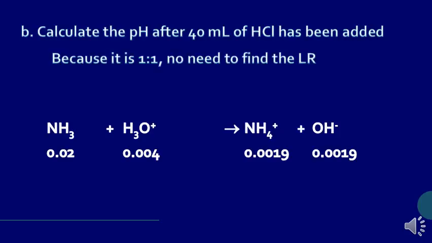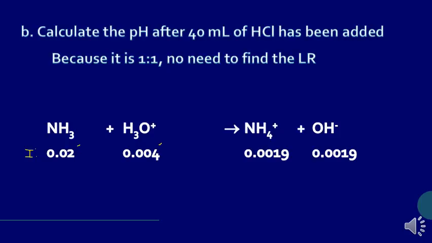At this point, we would usually find a limiting reactant, but because it's one-to-one, we can figure out who the limiting reactant is just by visually inspecting everything. If you compare the moles of the ammonia and the moles of the acid, we can clearly see that the acid's going to lose because there's a lot more base.